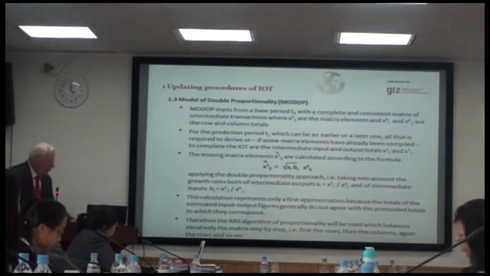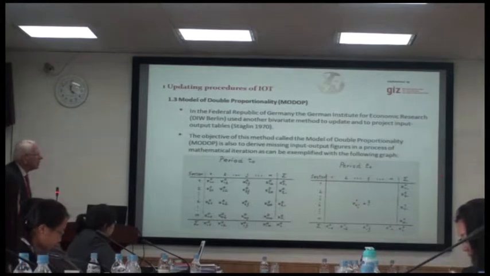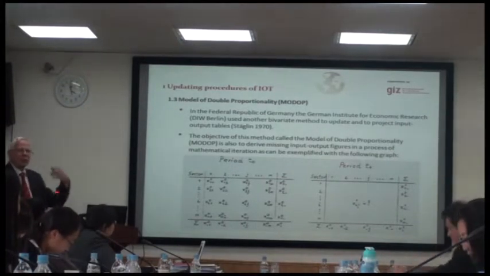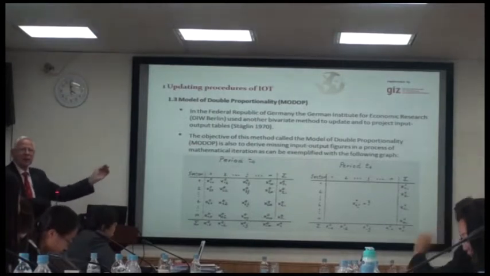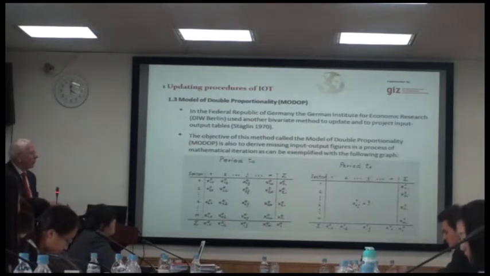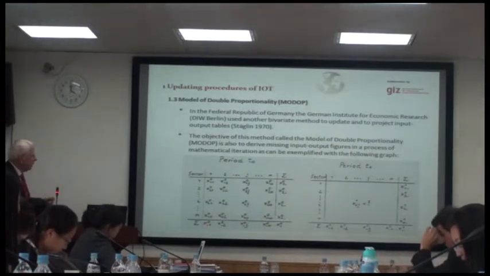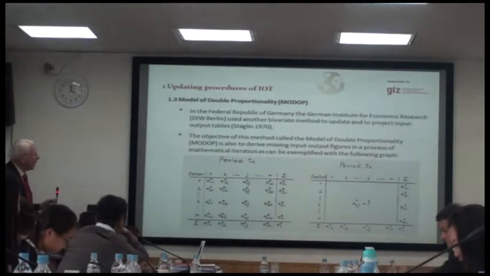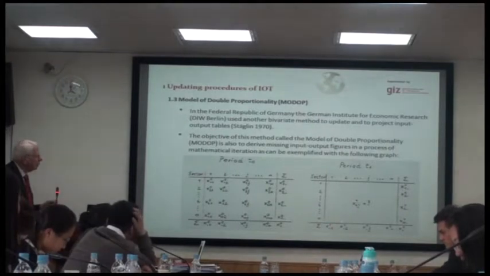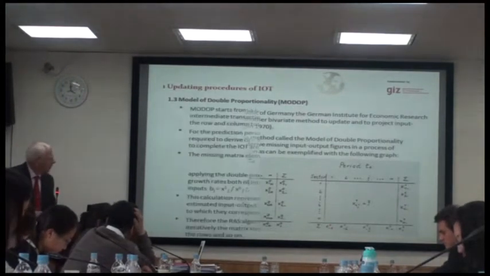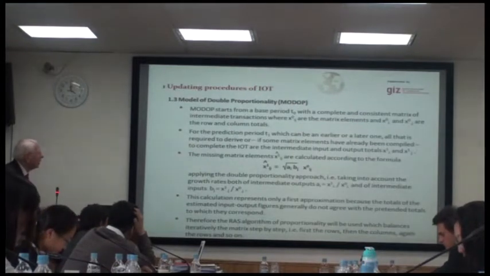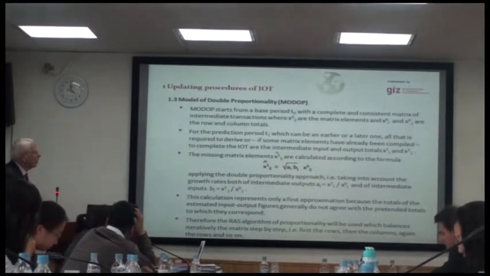If we go back, we take this one, divide it by this one, and get the so-called growth factor for the intermediate output. That we are doing for all sectors. The same we are doing with B. We are dividing x_j1 for period 1 by x_j0 for period 0, and we get the so-called growth factor for intermediate inputs, the BG.